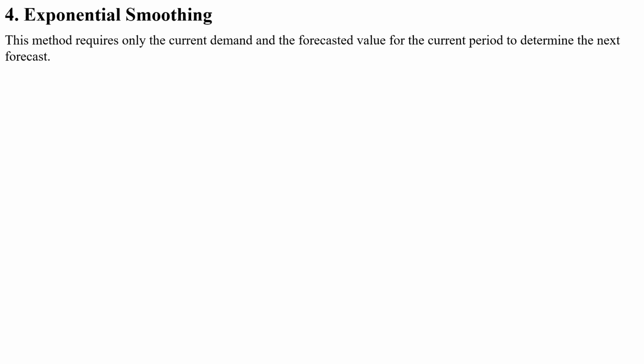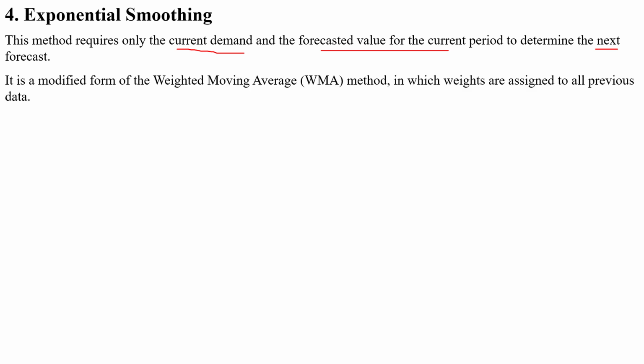Next we will discuss the exponential smoothing method. This method requires only the current demand and the current forecasted value to determine the next forecast. So in this method, to determine the next forecast value, the data we require are the current demand as well as the current forecasted value. It is a modified form of the weighted moving average method in which weights are assigned to all previous data.